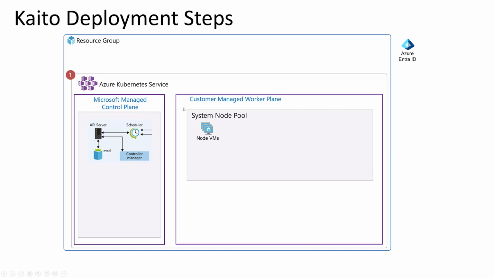After you create the Kubernetes cluster, the first step is to deploy your workspace controller. This workspace controller is installed with a Helm install, and it deploys a bunch of CRDs. I just listed two of them. It's a custom resource definition.